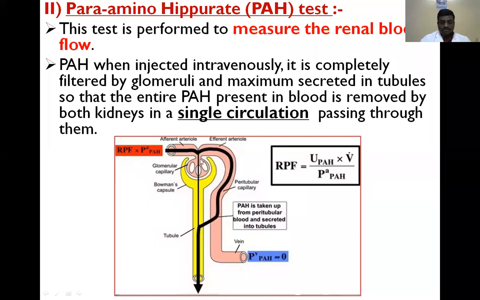So in a single circulation, the whole amount of para-amino hippurate is completely eliminated. If there is any problem in the renal blood flow, it is not completely eliminated. Whether it is high blood flow or low blood flow, there is a chance to elevate or reduce the para-amino hippurate in the urinary sample.